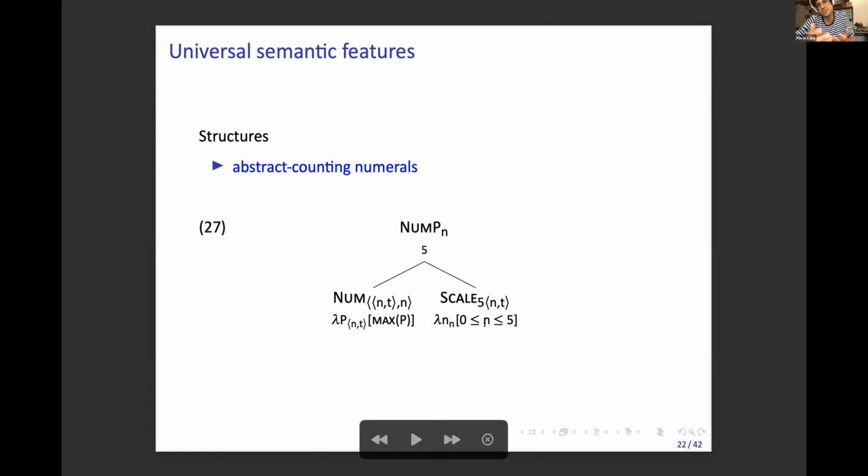Okay, so there is a numerical scale, if you wish, a scale of quantity. And when you construct an abstract counting numeral, you do it by applying this num head to the scale, providing that particular individual that's found on that scale as the abstract counting numeral.